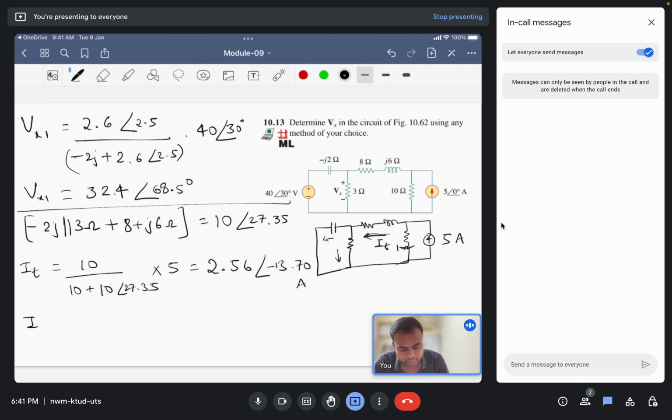So IT3 through 3 ohm resistor will be minus j2 divided by 3 minus j2 times IT. That is 2.56 angle minus 13.70, multiplied by minus 2j divided by 3 minus 2j.